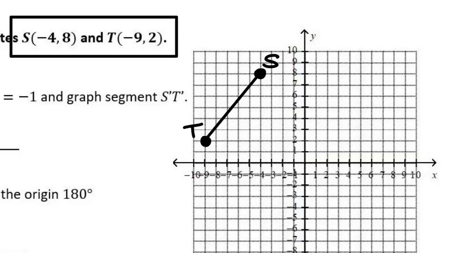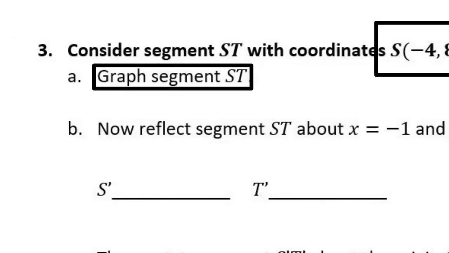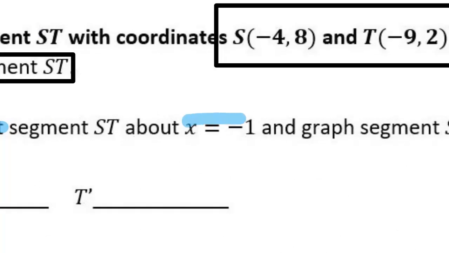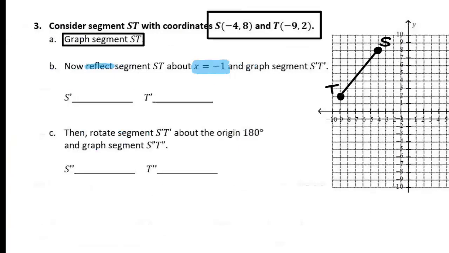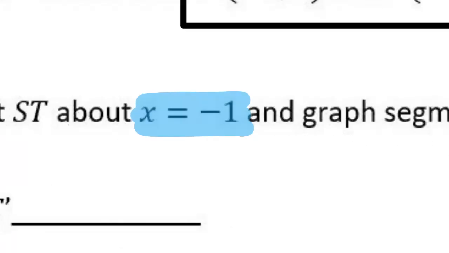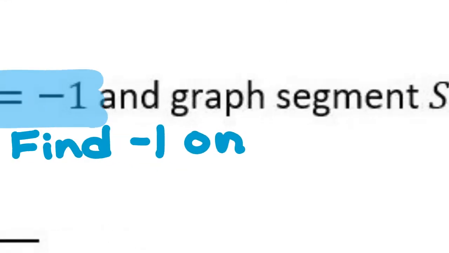Now, we are going to take that and we are going to reflect that segment about x equals -1. And then we will graph our segment S prime, T prime. So to find x equals -1, you need to find -1 on the x-axis.